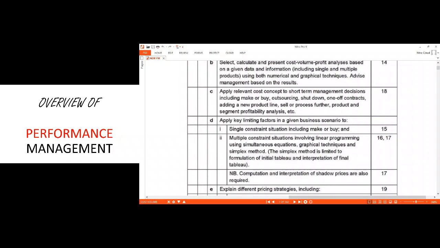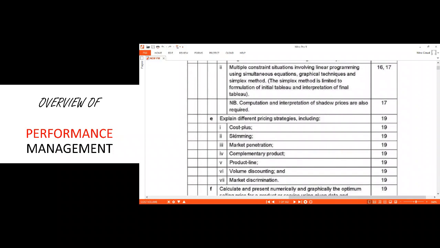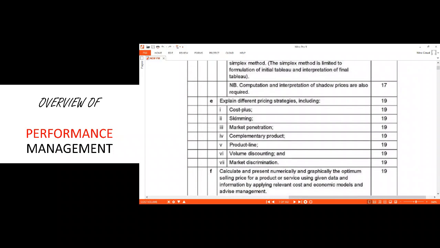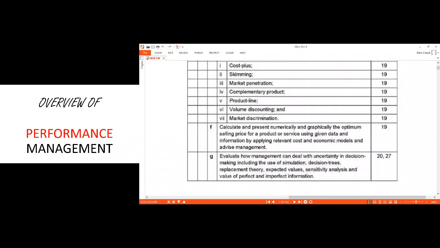We are to learn application of key limiting factors, single constraint, multiple constraints, and how to compute and interpret shadow pricing. We are going to learn. Then we are going to move on to different pricing strategies like cost plus, skimming, market penetration, complementary products, product line, volume discounting, market discrimination, to mention but a few.